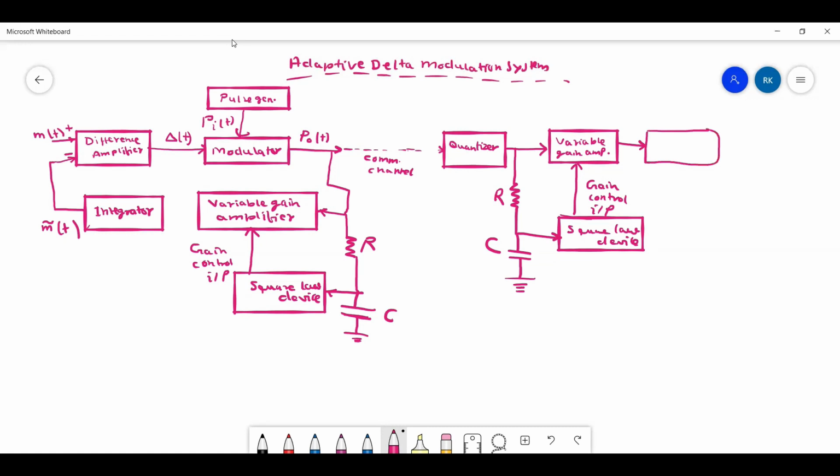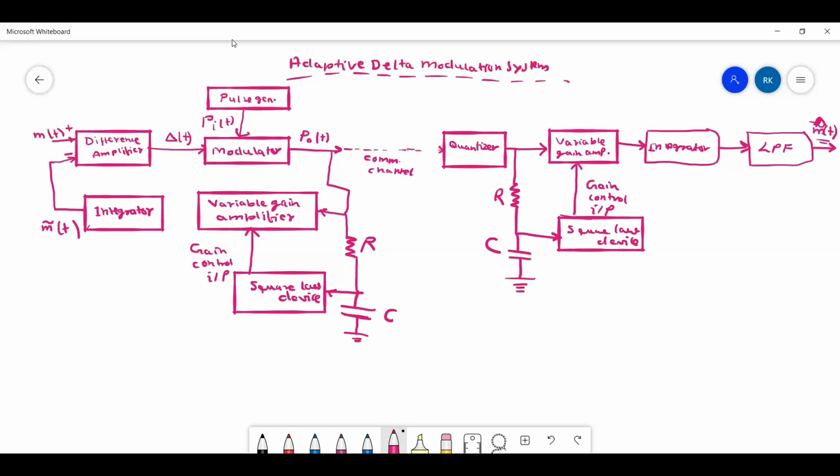The output of the variable gain amplifier is again fed to an integrator, and finally to another low pass filter, which provides you the approximated signal m cap t. Let's call it m cap t instead of the other notation because it's different from typical delta modulation.